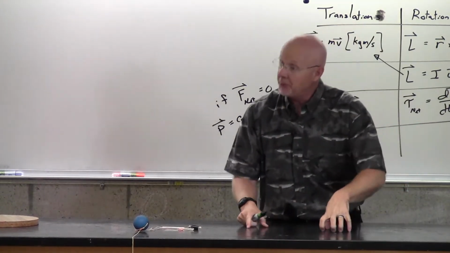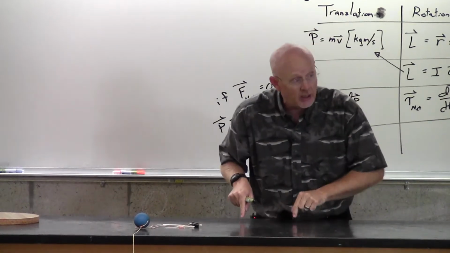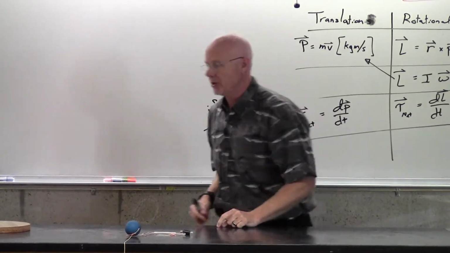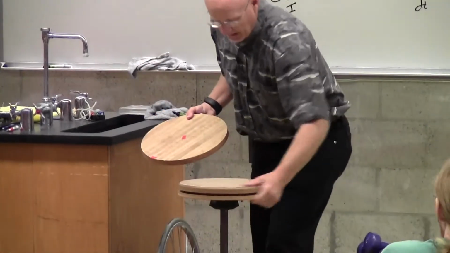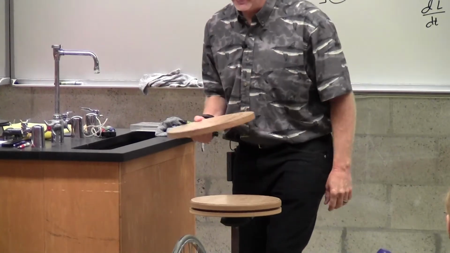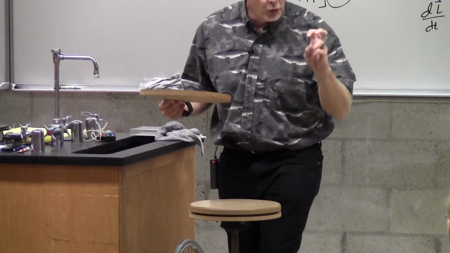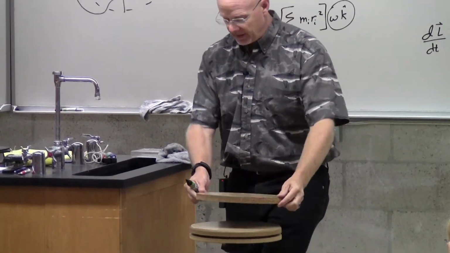I could call that a perfectly inelastic collision. But what I knew in this one was that the linear momentum did not change. So what do you think is going to happen here when I have one object that is stationary and one object that is moving? Rotating is probably a better word. What happens if I put them together?